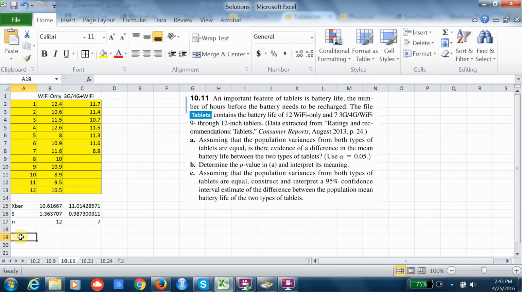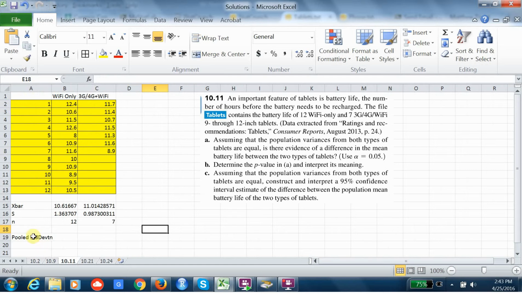Okay, so we're going to start computing the pooled sample standard deviation. I could just call it SD. Most people abbreviate standard deviation SD. So the first thing I'm going to do is compute, I already have the sample standard deviations.